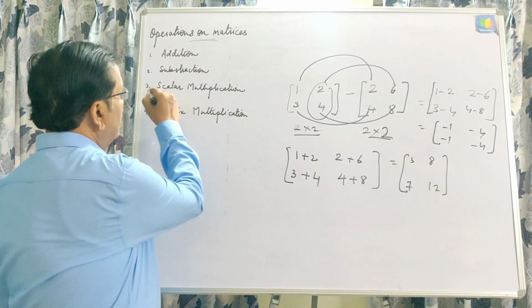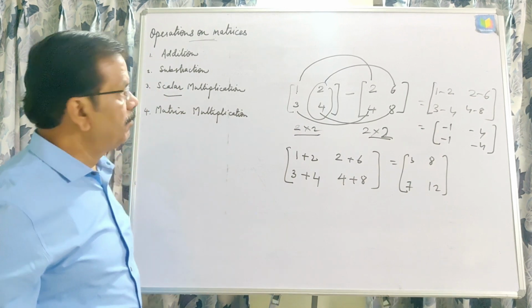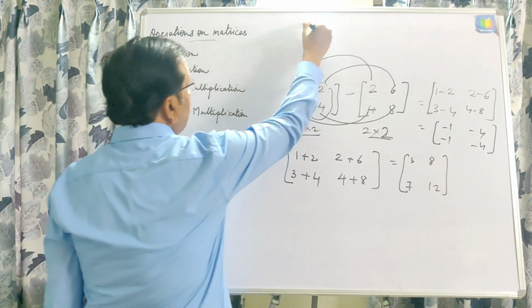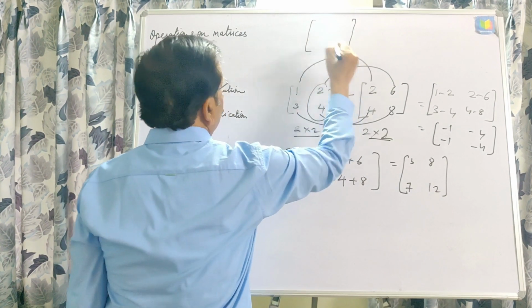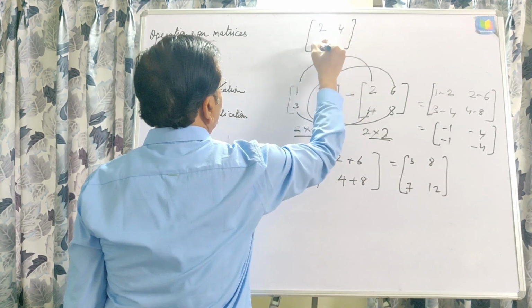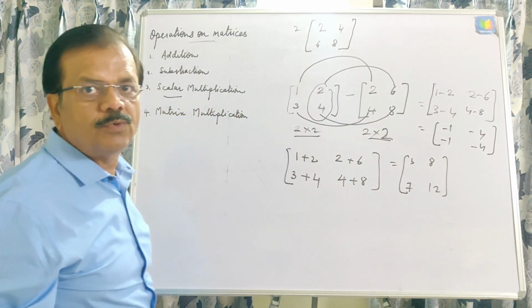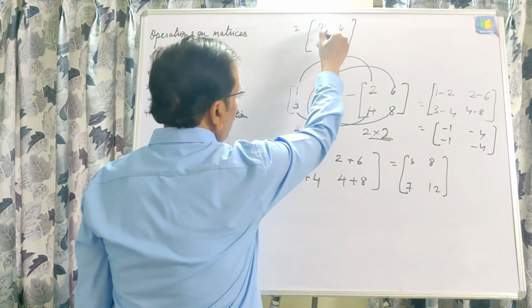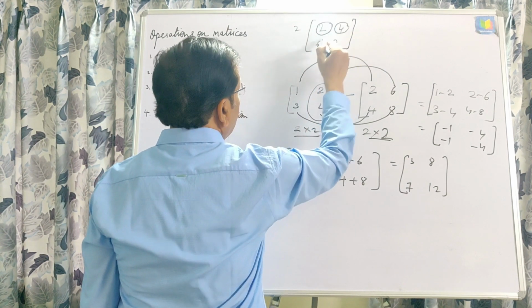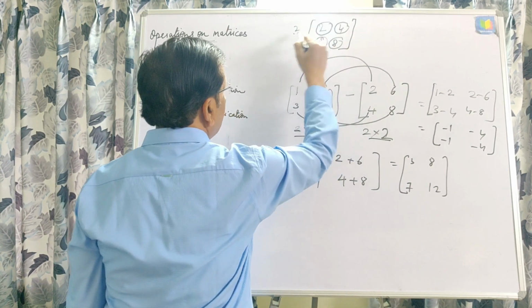Okay. Now third topic, that is scalar multiplication. When any scalar quantity is multiplied, suppose 2, 4, 6, 8, and we multiply by the scalar quantity 2, then each element of the matrix should be multiplied with this scalar quantity.